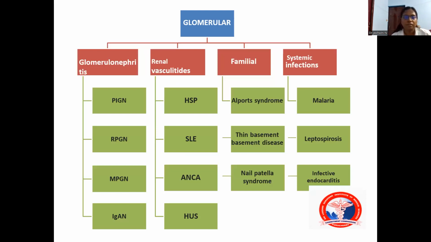Glomerulonephritis could be post-infectious glomerulonephritis, RPGN, MPGN (membranoproliferative glomerulonephritis), or IgA nephropathy. Vascular causes of glomerular injury are HSP, SLE, and HUS. Some systemic infections can also cause glomerular injury, like hepatitis B, C, HIV, malaria, and infective endocarditis.